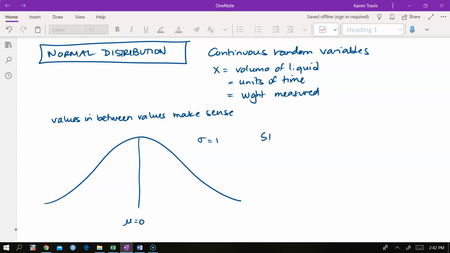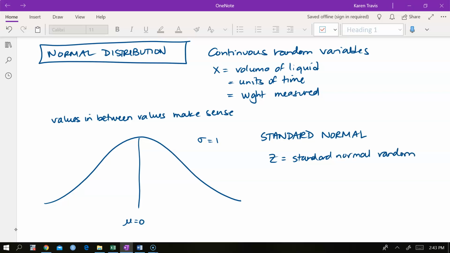And this one is called a standard normal. And this is the one that's depicted in your normal distribution chart. So if it has a standard deviation of 1 and a mean of 0, it's a standard normal. And we pretend, or we name the random variable z is a standard normal random variable.